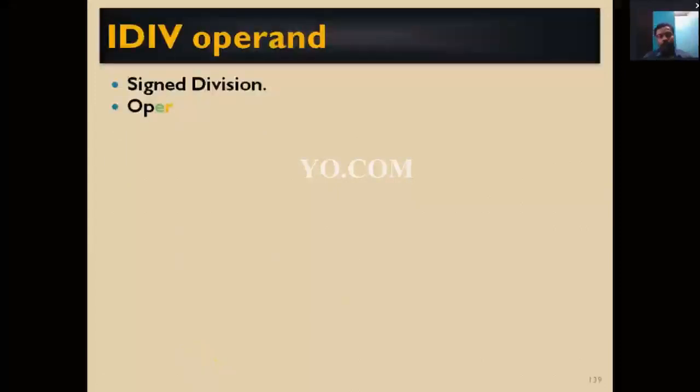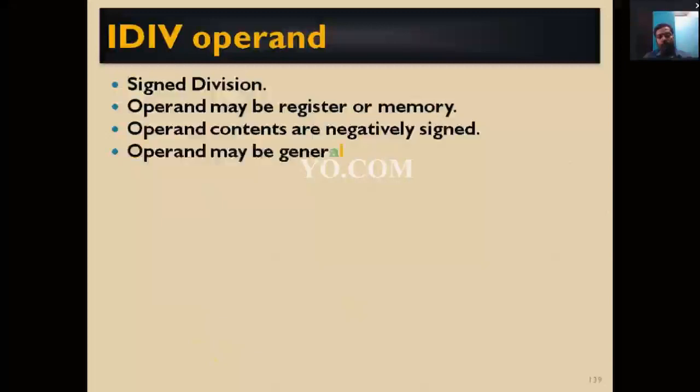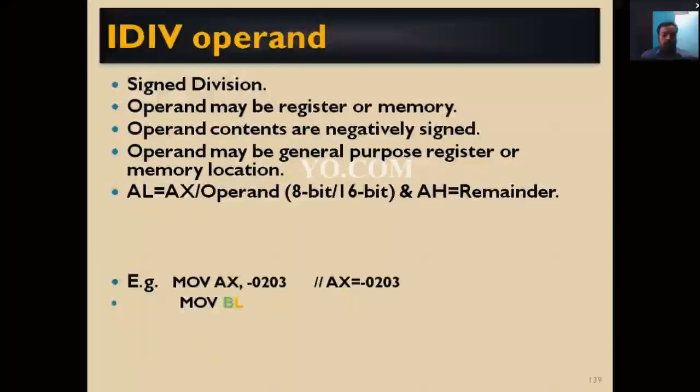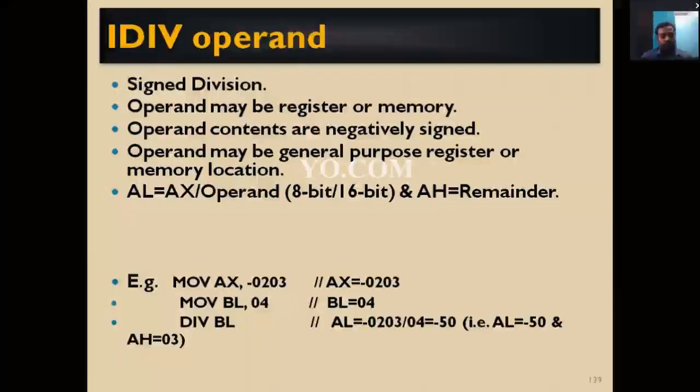Next I want to explain the signed division. Here we can use positive and negative numbers, and the result is based on the division. So AX is a negative number: MOV AX, minus 0203. Then MOV BL, 04, where 04 is the divisor. Then IDIV BL.